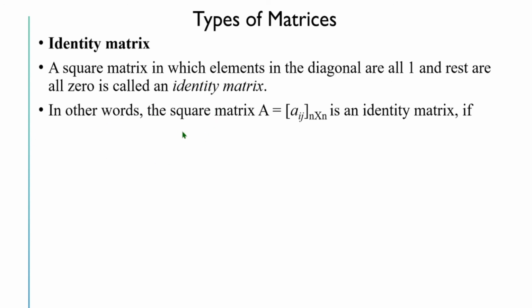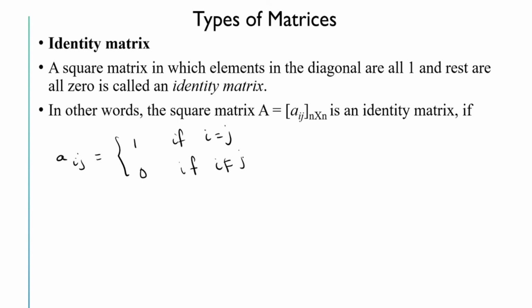In other words, the square matrix A equal to Aij of order n is an identity matrix if Aij is equal to 1, if i equal to j, and it is equal to 0 if i not equal to j.